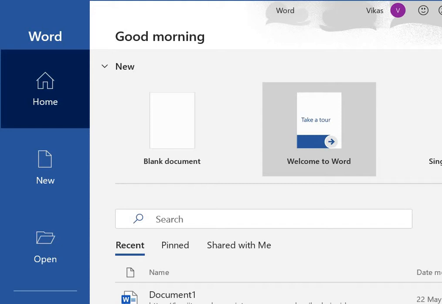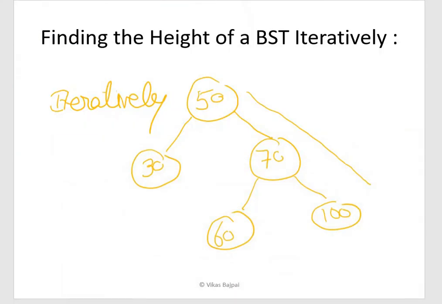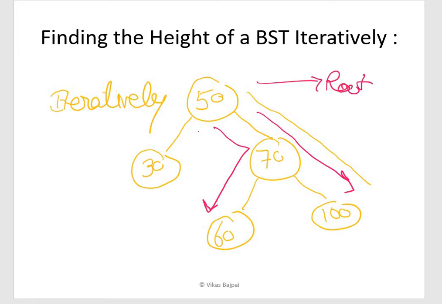What we can do is we can use the number of nodes on the longest path from the root node. That means from the root node to the deepest node, right? I can have something like this as well. So in that case, I'll have this height.